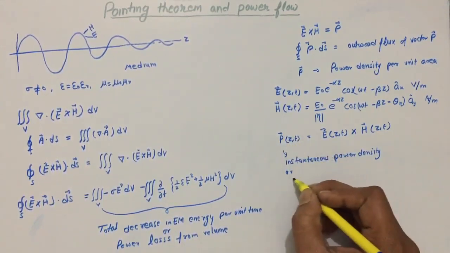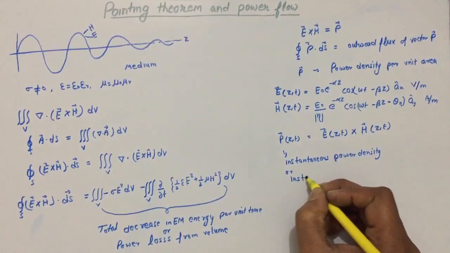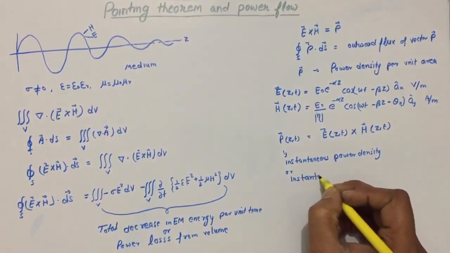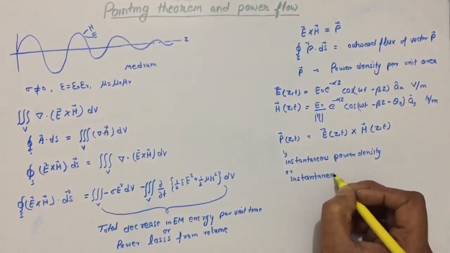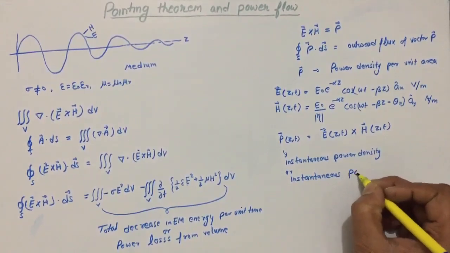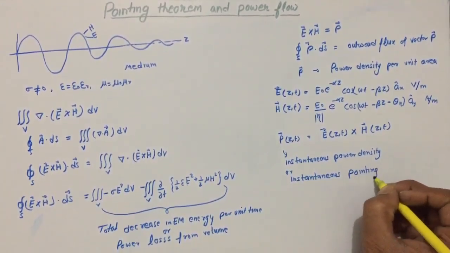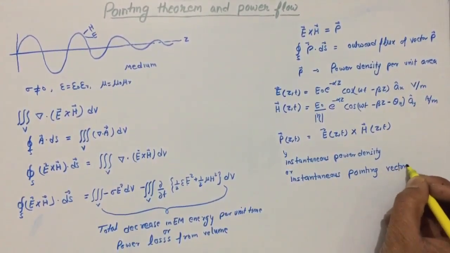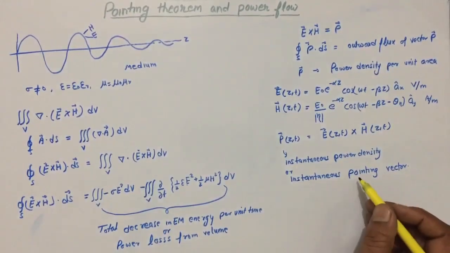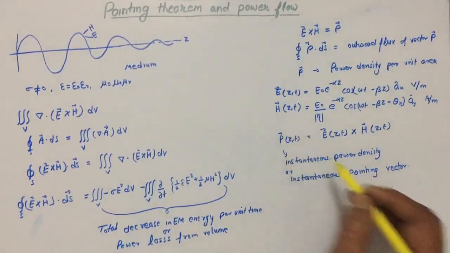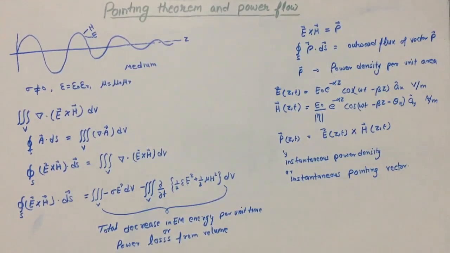This is a vector, so it is also named the instantaneous power vector, the pointing vector. Actually, the scientist named this after his name, that is the instantaneous pointing vector.